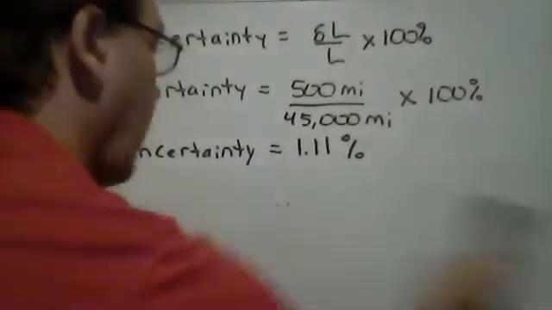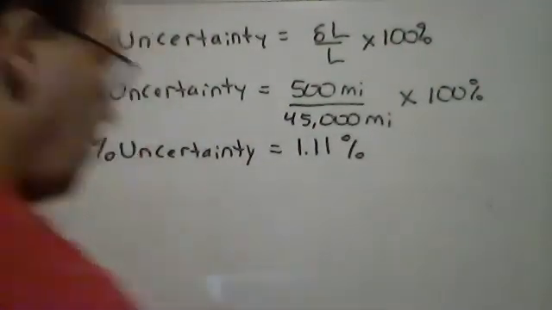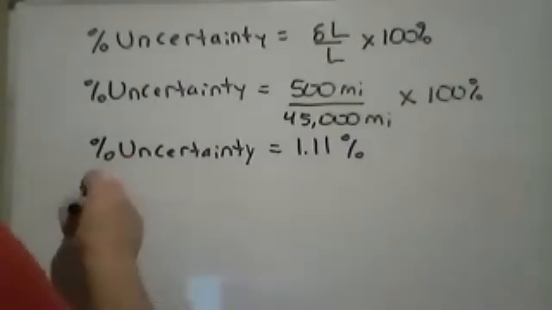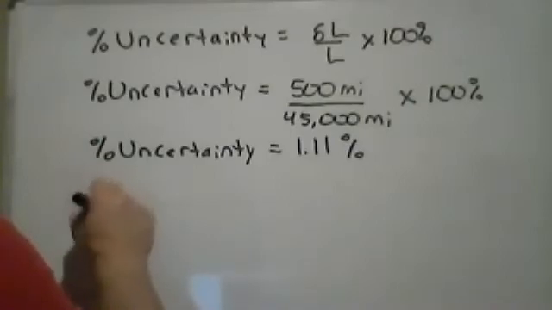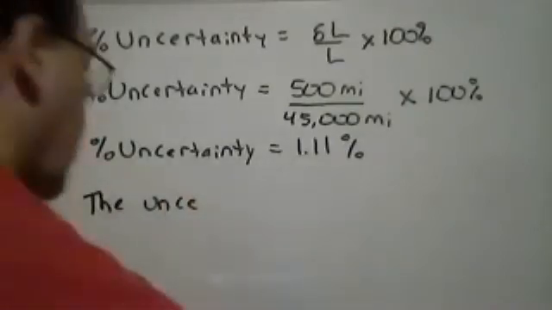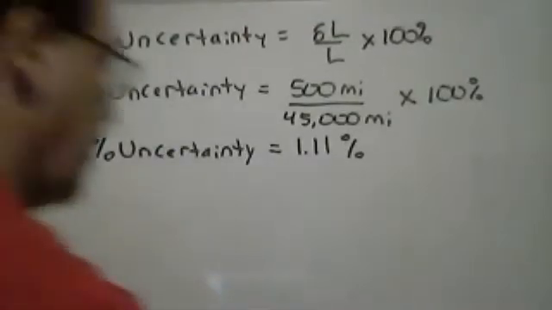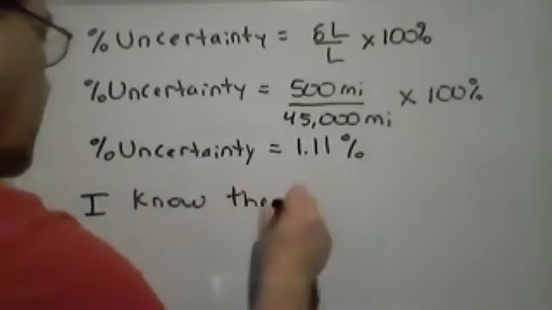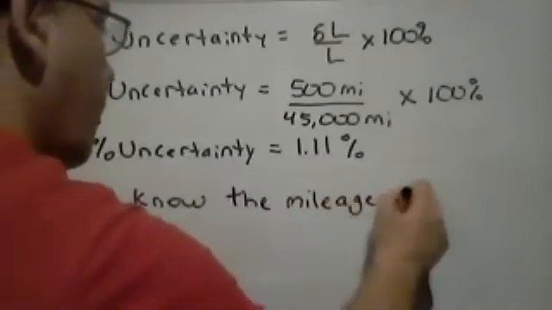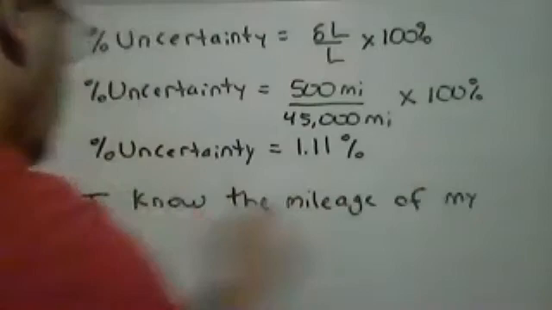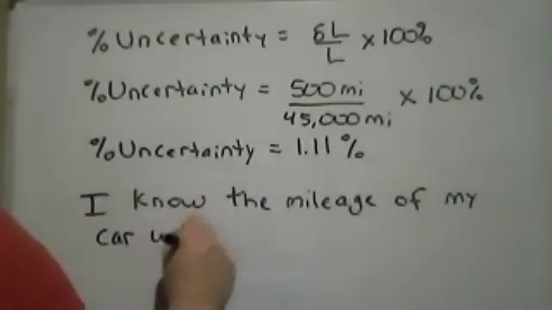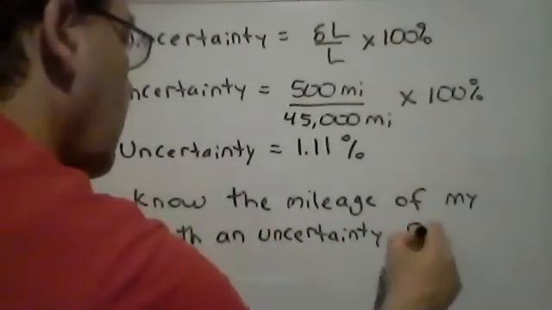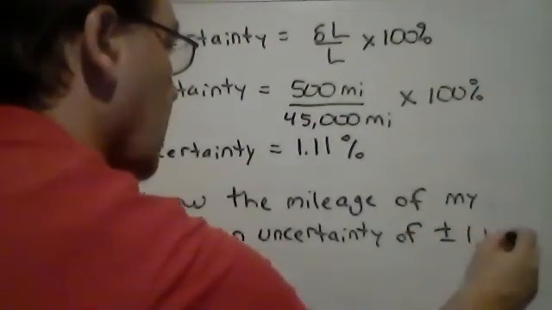So I can literally write the uncertainty as a value in terms of whatever units I'm talking about, in this case length or mileage, or I can say this English sentence right here: I know the mileage of my car with an uncertainty of plus or minus 1.11%.